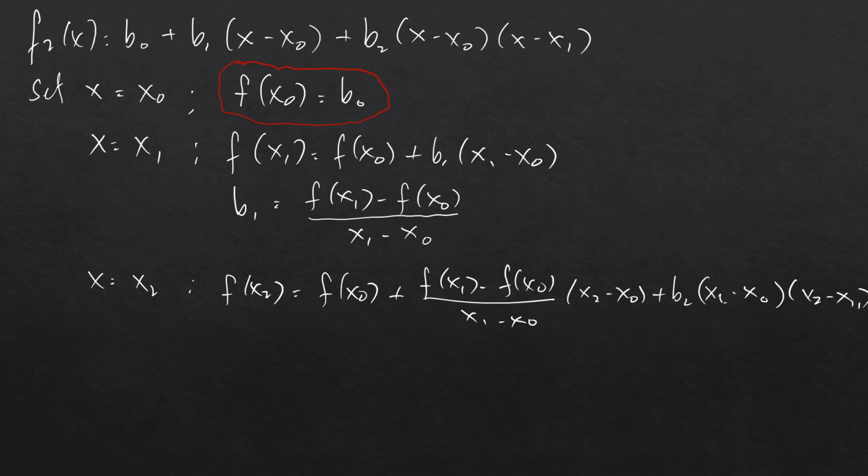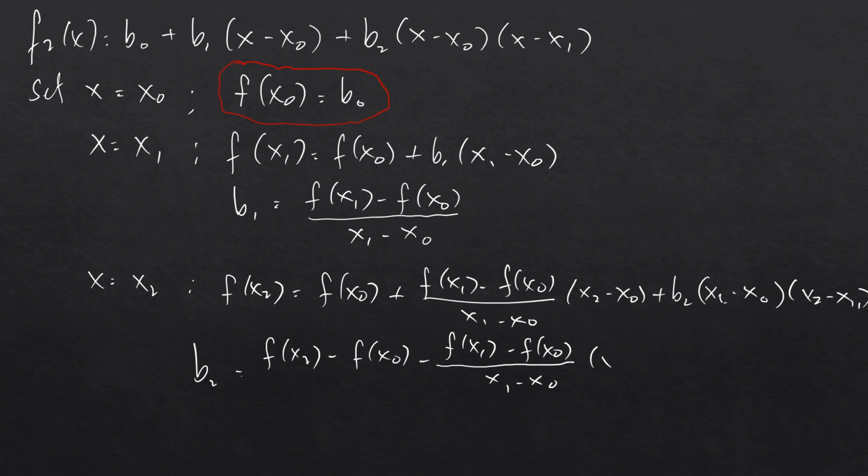Alright, so solving for b2, we have f of x2 minus f of x sub 0. Okay, transpose f of x sub 0 to the left side. And then minus f of x1 minus f of x0 divided by x1 minus x0 multiplied by x2 minus x0.